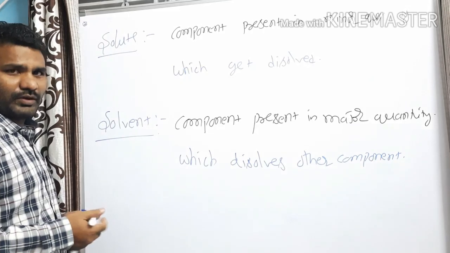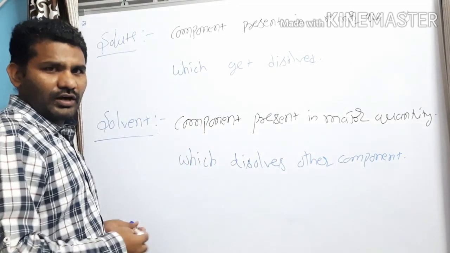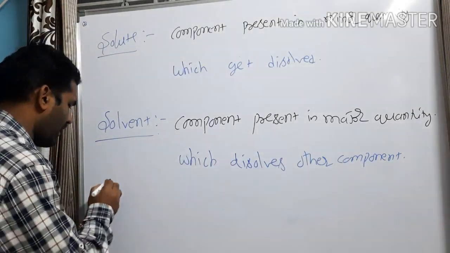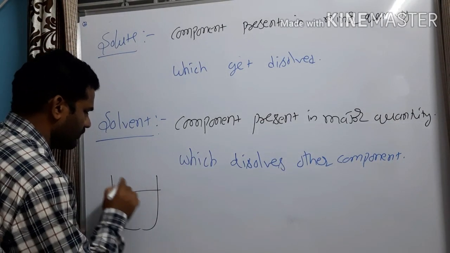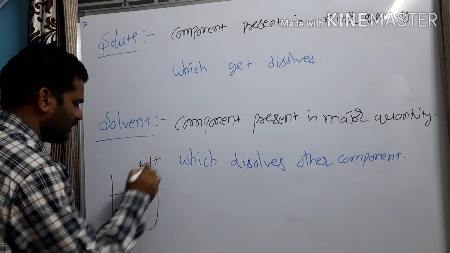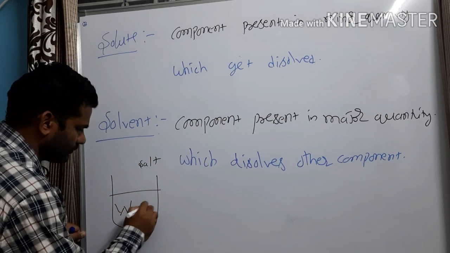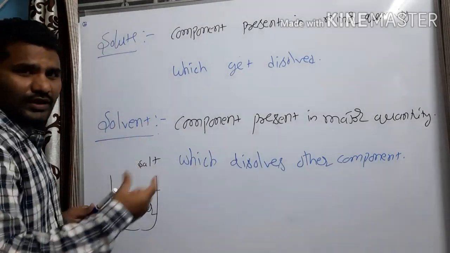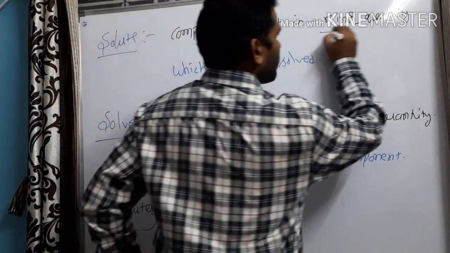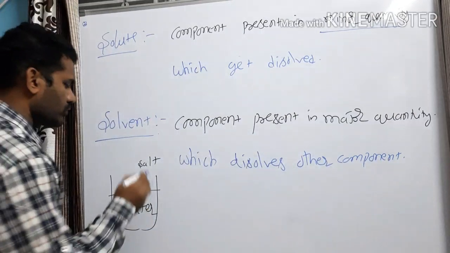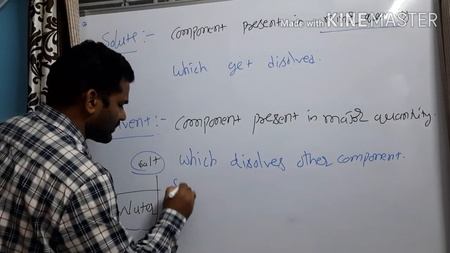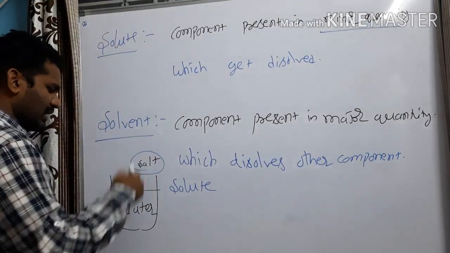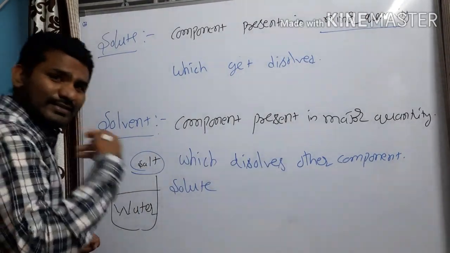Take a simple example. If I take a pinch of salt and add it to a glass of water, I have taken a pinch of salt and I am adding it to the water. Here I have taken a pinch of salt. That means it is present in minor quantity. So I can call salt as a solute. Here when you drop salt in water, salt gets dissolved.